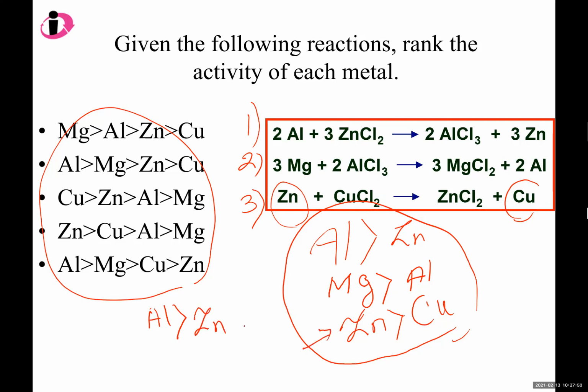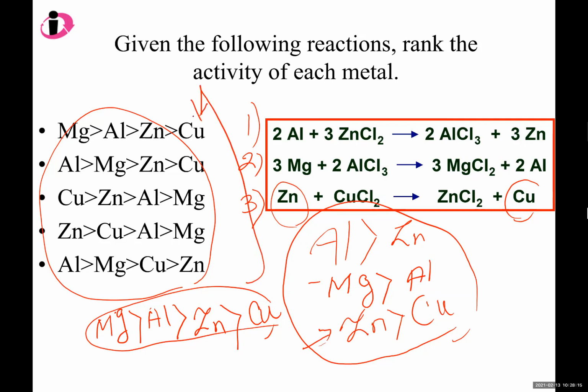And if I use this, zinc is at higher activity than copper. And magnesium has higher activity than Al. So I write here, magnesium has higher activity than Al. So if I combine these, I get this result. Which one of these results is agreeing together, can I say? Number 1 is the answer to this question.